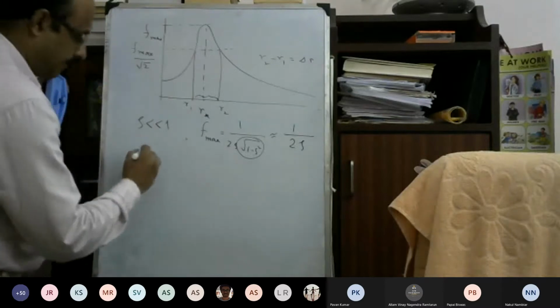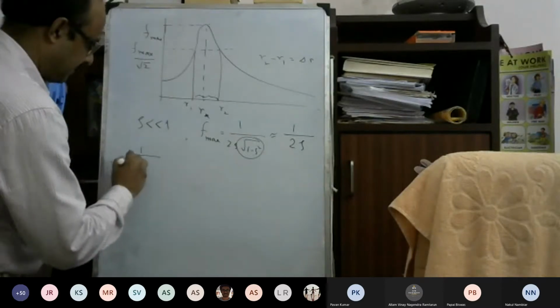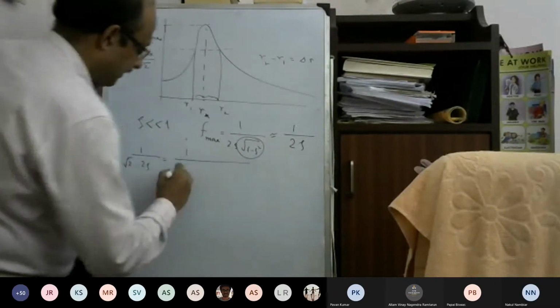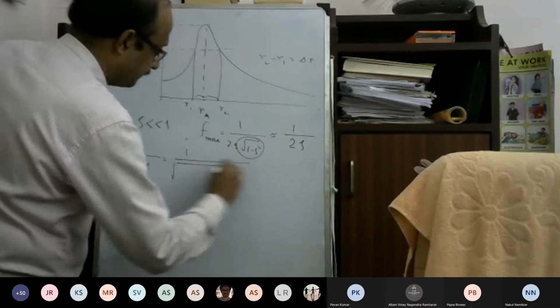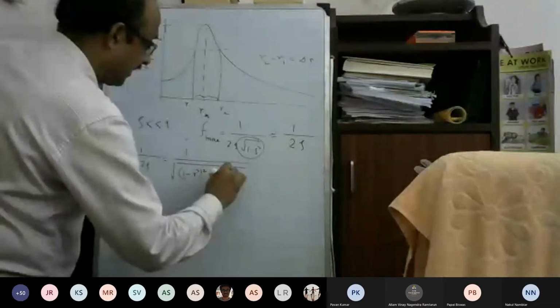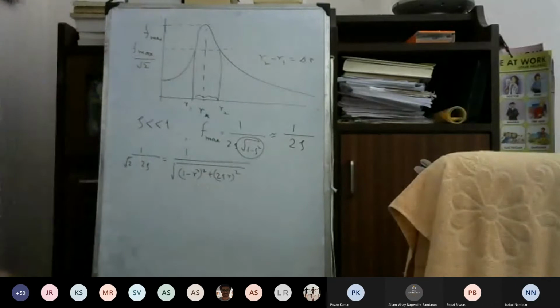Because zeta is very small compared to 1, this term is negligible, and the maximum value will become 1 by 2 zeta. Then my task is to find out where √2 times 2 zeta is equal to 1 divided by under root 1 minus r square plus 2 zeta r square.